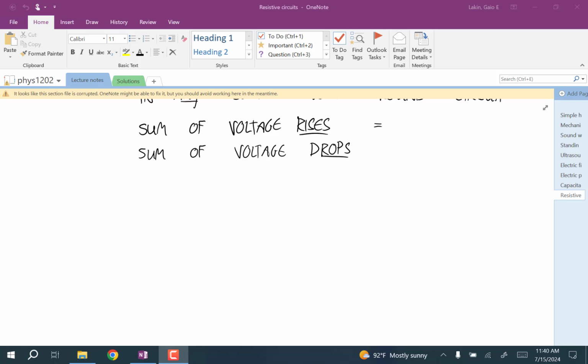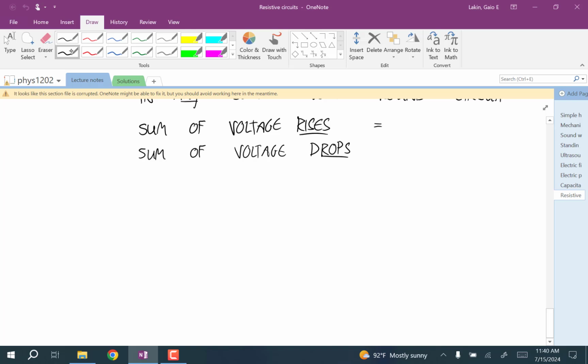So I'm going to do two examples, a really simple example and then a more complicated example. And in both of those cases, I'm going to use the same approach, or the same set of steps.